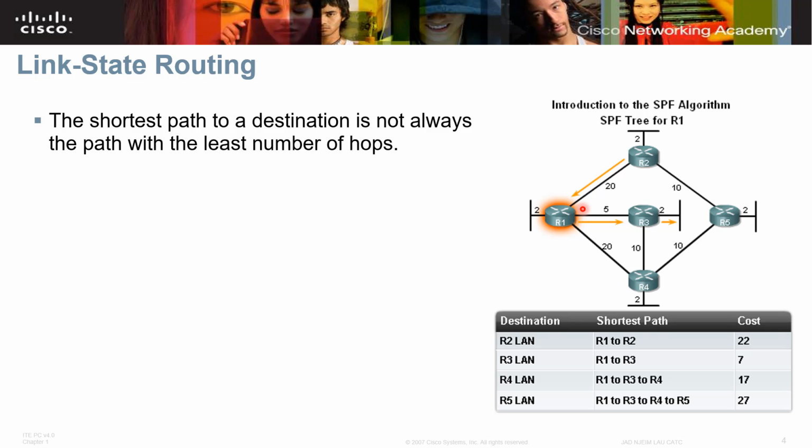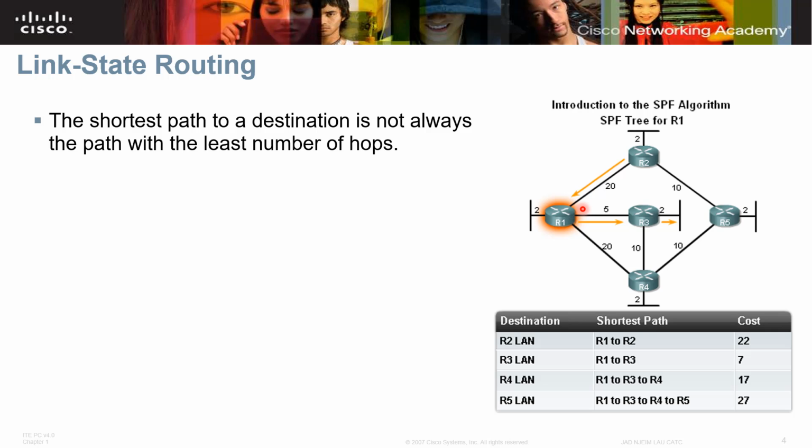Here I'm at R1, and I need to reach R2, R3, and R4, and I can reach R5 from R2 or from R4. So this is 3.